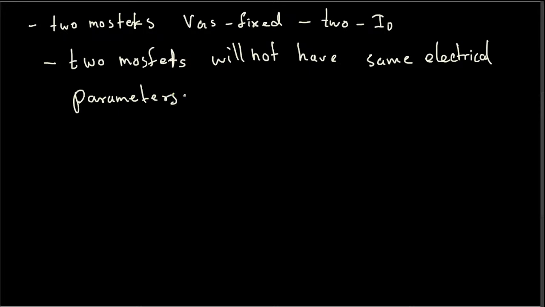Okay, and so from this one we can say the Q point is not stable for this one. Therefore this one is not commonly used. This method is not used.